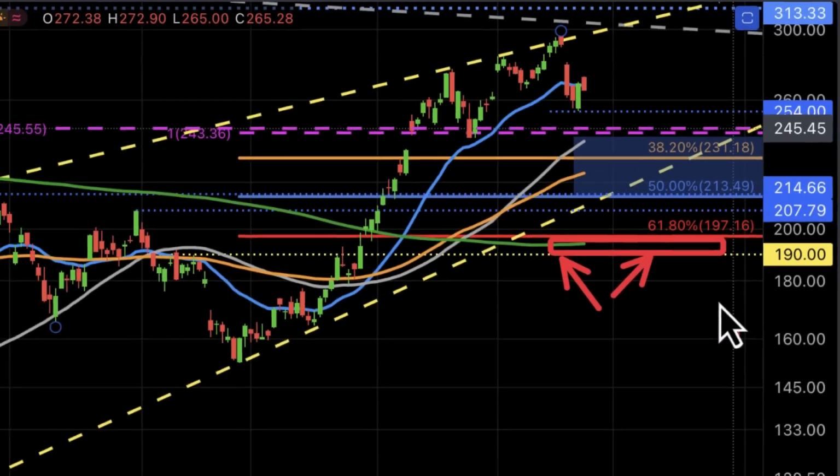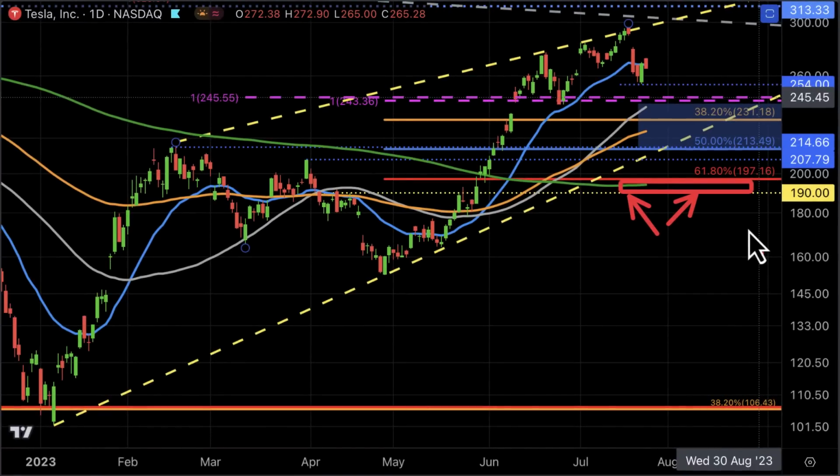Keeping it simple, as long as any pullbacks in the next few weeks on Tesla remain above 197 to 190, I'm going to keep a long-term bullish perspective for higher prices on Tesla by the end of this year. Short term, I'm still looking for a pullback down to the support region that I mentioned.